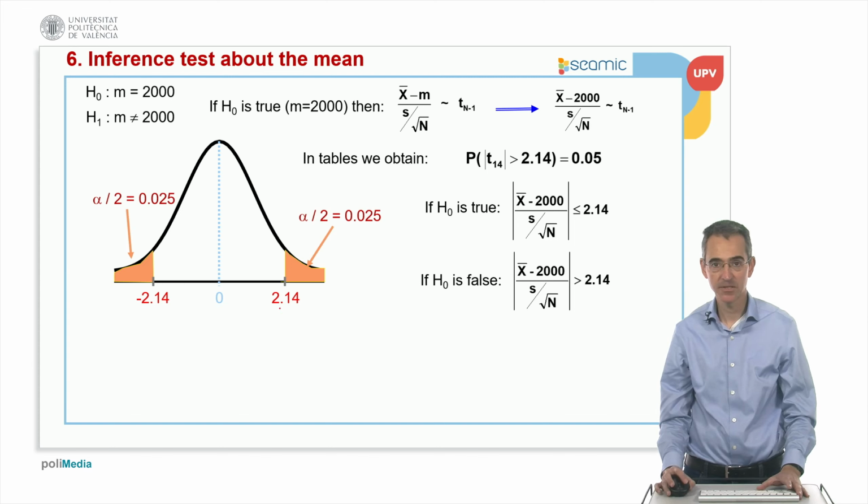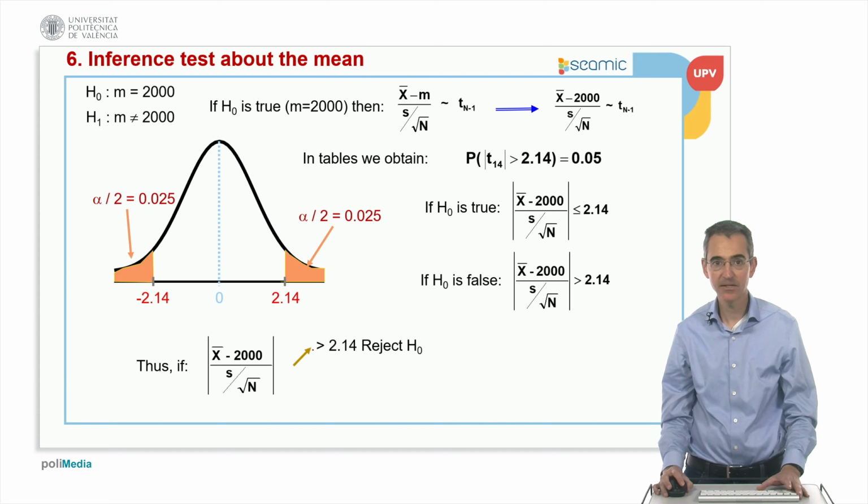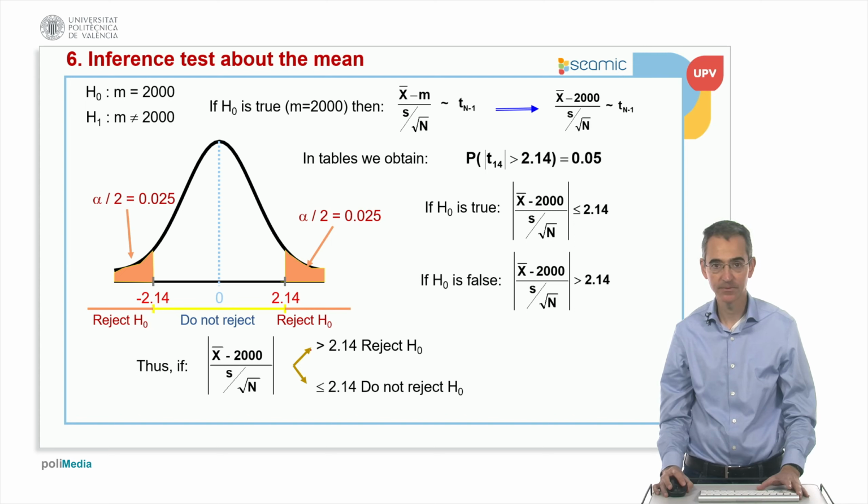But if the null hypothesis is false, we'll get a non-frequent value of the distribution, which means that the value will appear on the right tail or on the left tail. Thus, if in absolute value we get a computed t-statistic bigger than 2.14, we will reject the null hypothesis. This is the zone of rejection. But in the other case, if it is less than 2.14, the conclusion is that we cannot reject the null hypothesis. We don't have enough evidence to reject it.